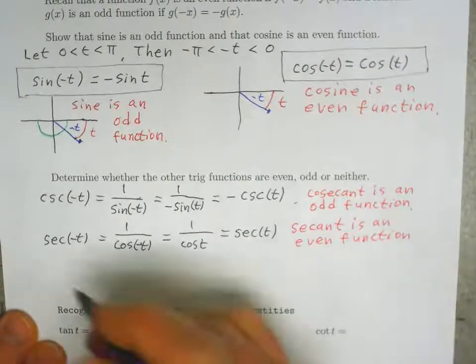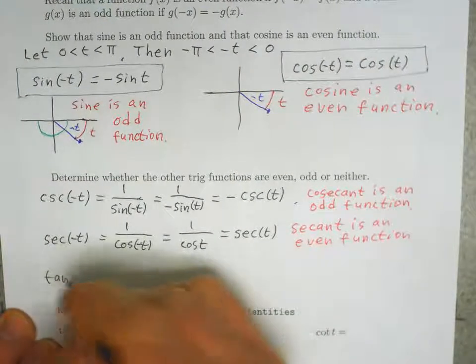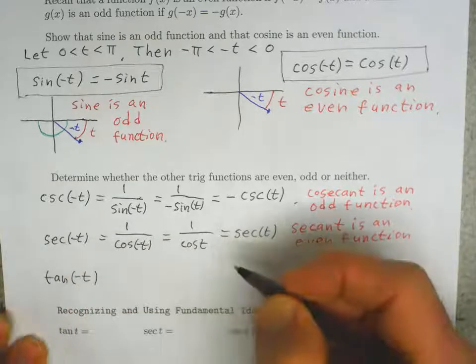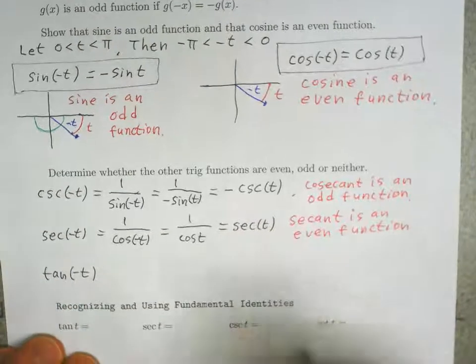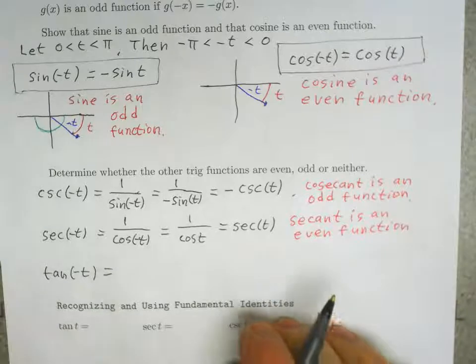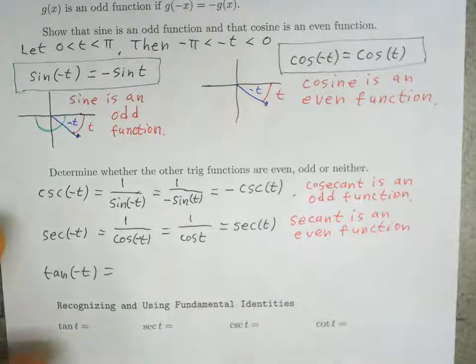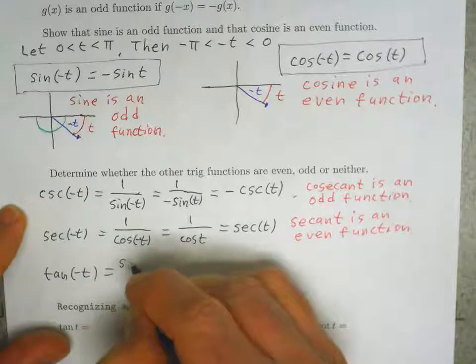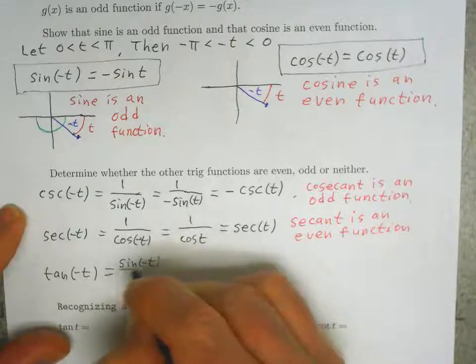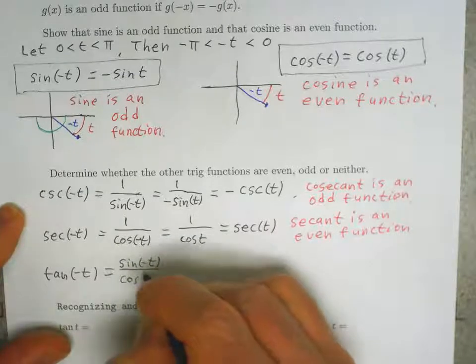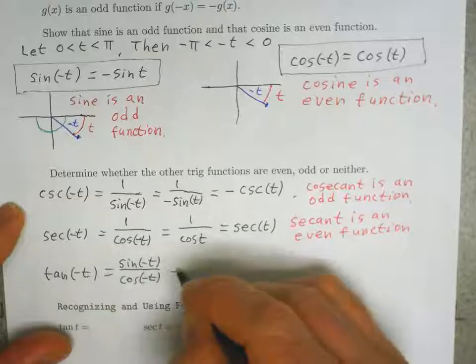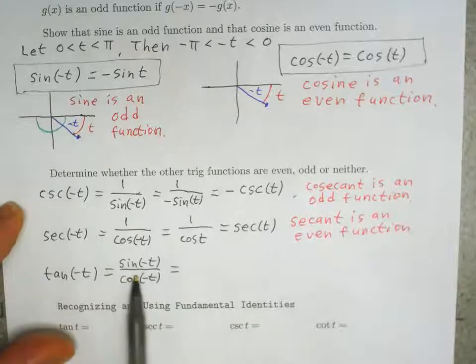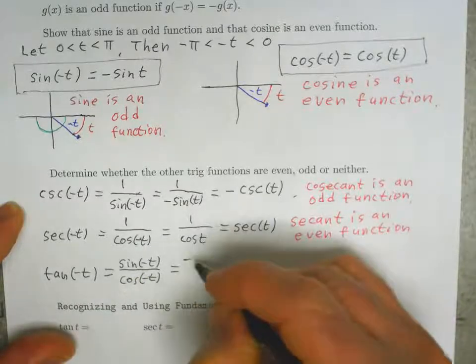Okay, well, tangent of negative t. We'll use the fact that tangent of negative t equals sine of negative t divided by cosine of negative t. In the numerator, sine of negative t is negative sine of t.